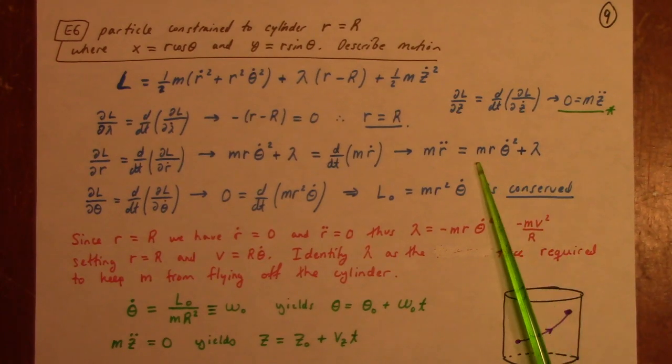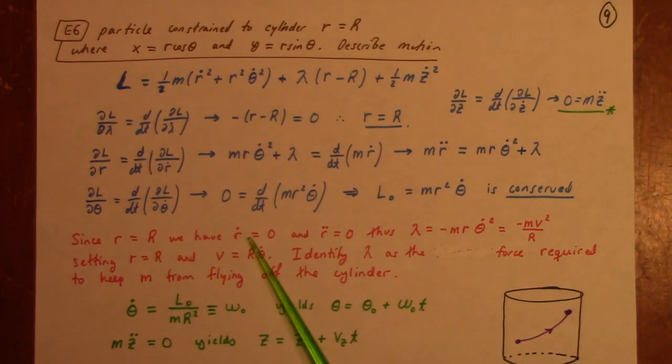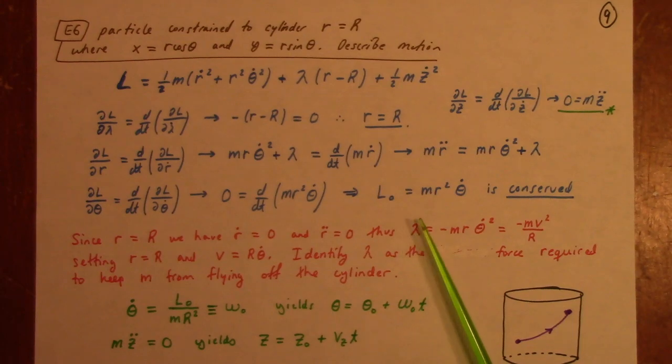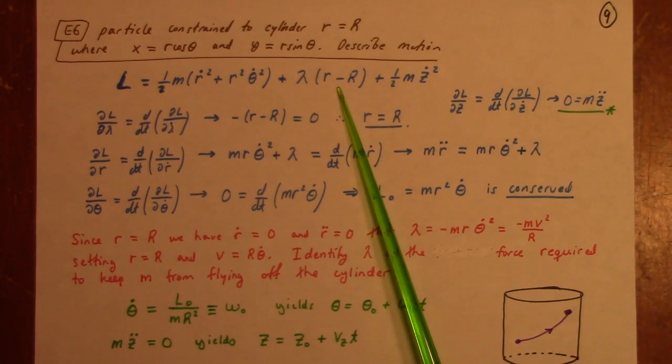I mean, this is the m v squared over r term. And so because in this context r dot is 0 and r double dot is 0, we actually get lambda is equal to minus m r theta dot squared, which is minus m v squared over r, which is to say that it turns out that the Lagrange multiplier is exactly the force needed to impose the constraint.